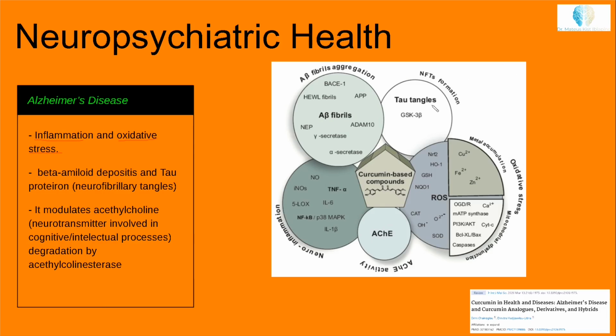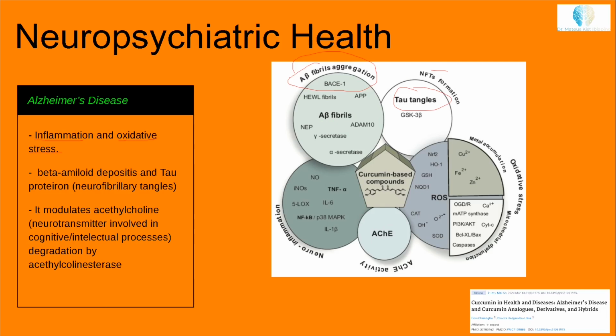So we have neurofibrillary tangles of tau protein and beta amyloid deposition. These are, let's say, the hallmarks, the most specific characteristics of the pathological mechanisms of Alzheimer's disease. There are a lot more things going on, but they are some of the most studied characteristics of this disease.